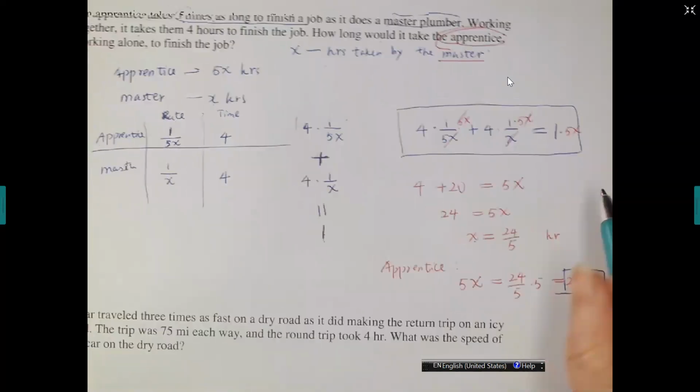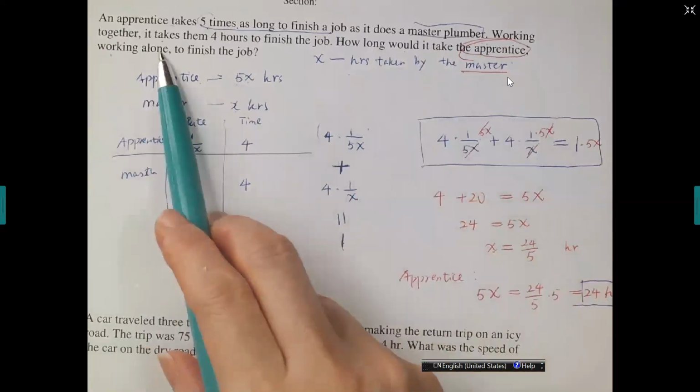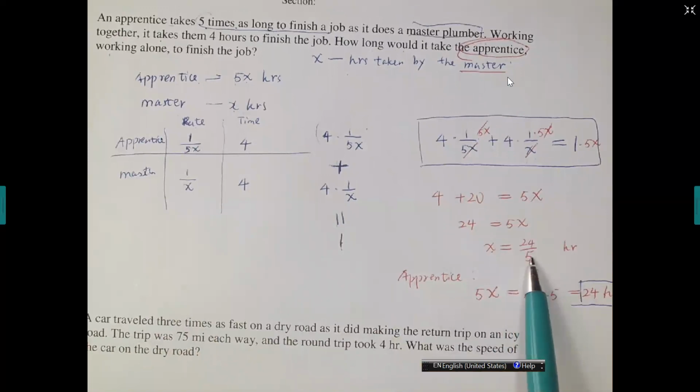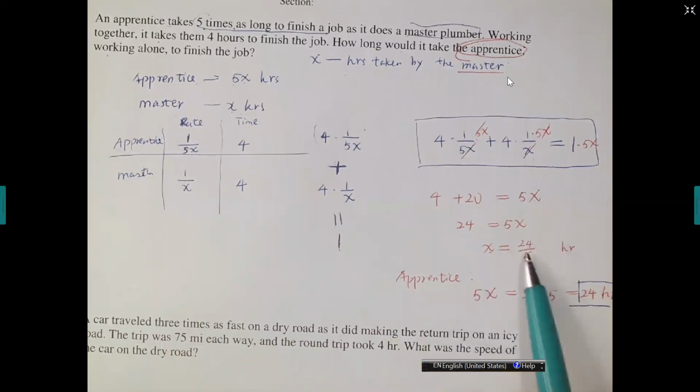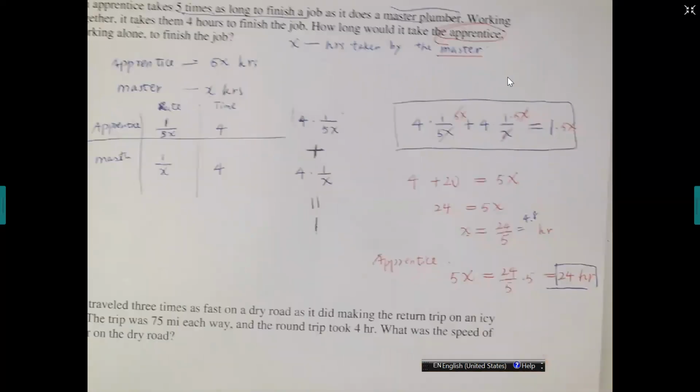The question asks how long would it take the apprentice working alone to finish the job? He needs 24 hours. And the master only needs 24/5. That's 4.8 hours. If you use your calculator, this equals 4.8 hours.